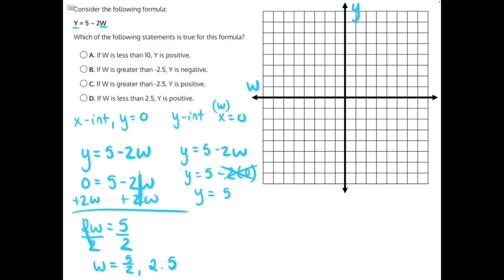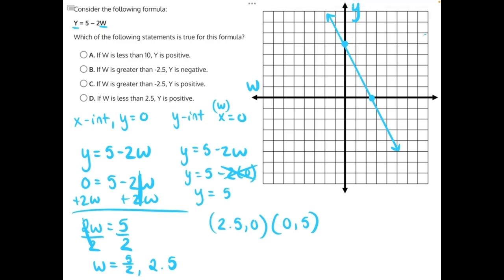So our 2 points that we need to plot are 2.5, 0, that's our x-intercept, and then our y-intercept of 0, 5. Here I have plotted our two intercepts. We have our x-intercept over 2.5 up 0, and then we have our y-intercept, which is up 5 over 0.